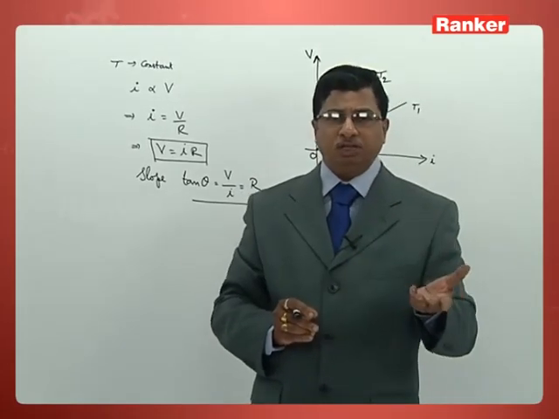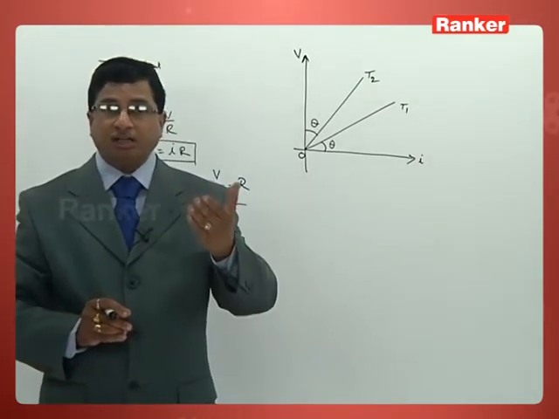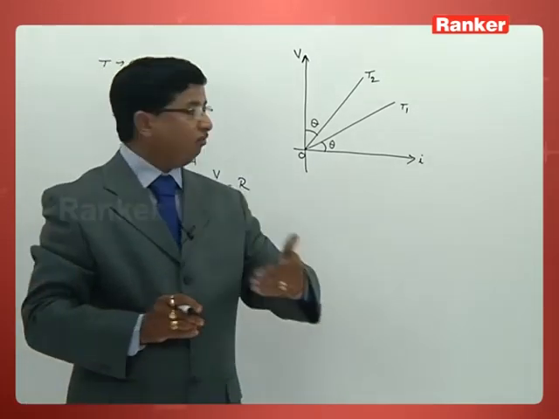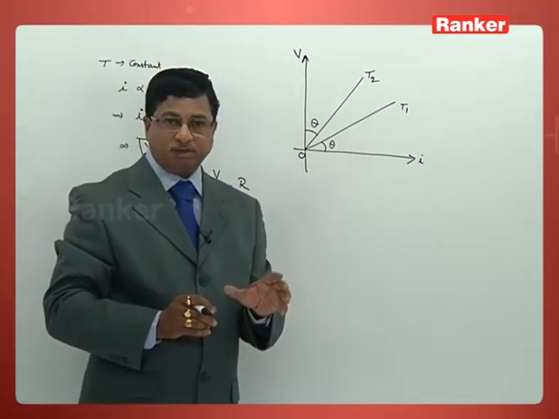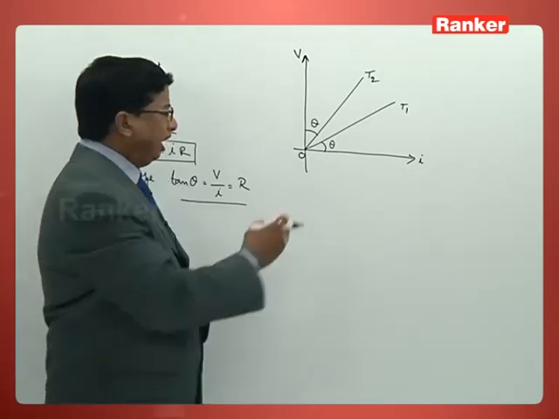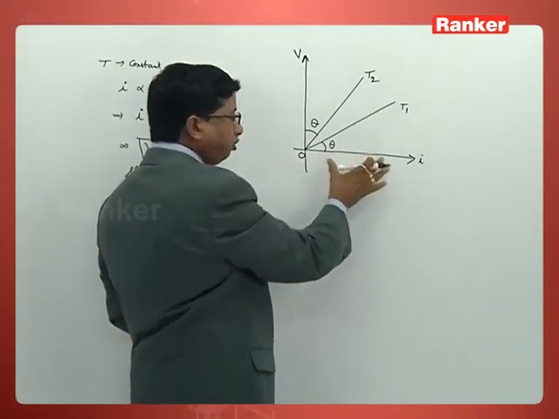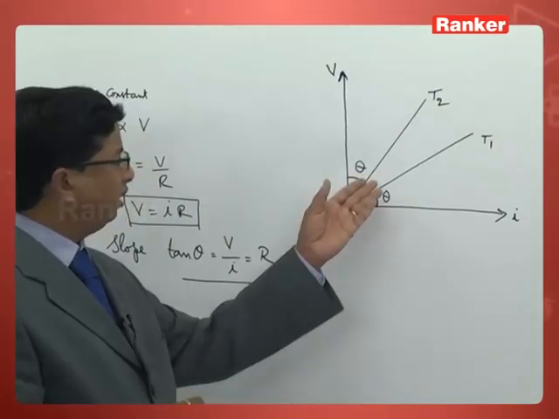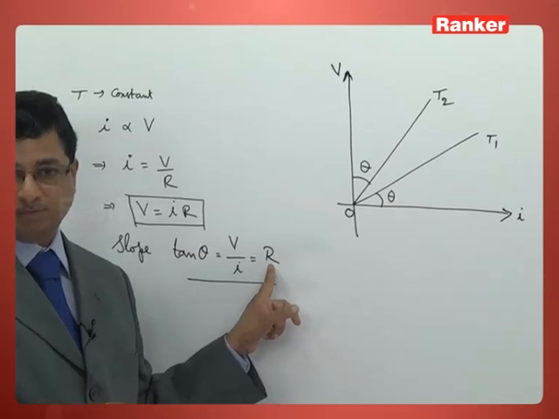Mathematically speaking, when angle theta is taken with the x-axis, the slope is going to give us tan theta. Tan theta over here is y by x, that is opposite by adjacent. Then automatically we can understand that it is nothing other than the resistance part of it.